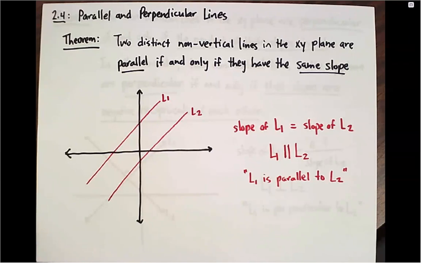So, parallel and perpendicular lines. We have 2 theorems that tell us all about them. The first one says that if I've got 2 distinct non-vertical lines in the xy plane, those 2 lines are parallel if and only if they have the same slope.